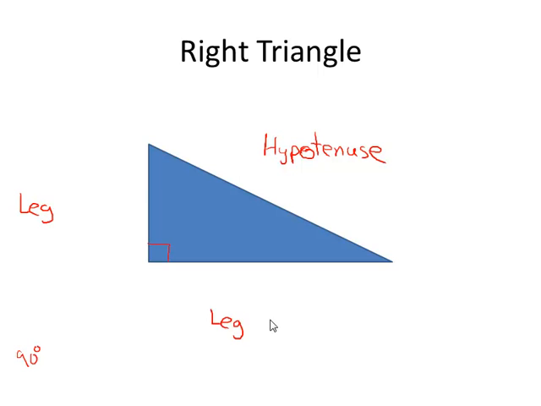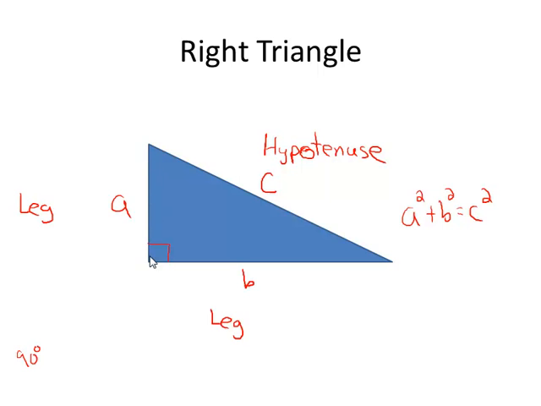Now, if we label the two legs as A and B in either order, and we label the hypotenuse as C, it leads to the result known as the Pythagorean Theorem, which relates A, B, and C in a formula: A squared plus B squared equals C squared.